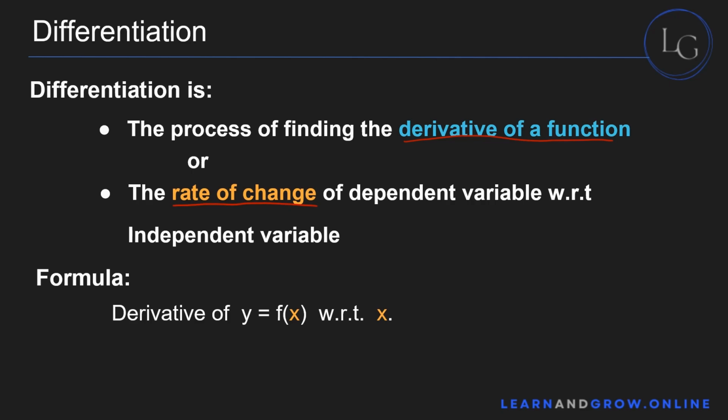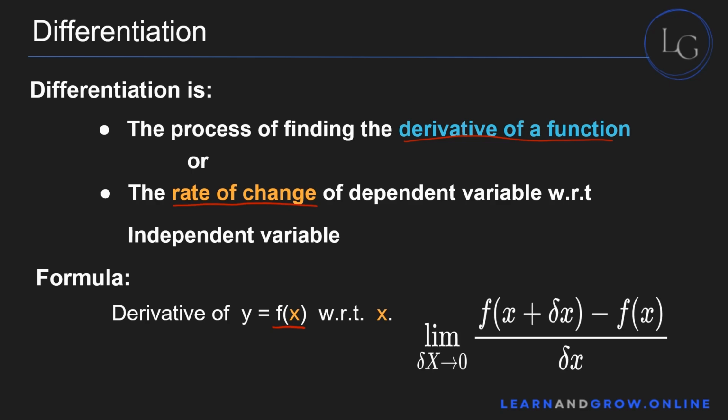So the formula to find the derivative of y, which is also equal to f of x, so basically a function of x, with regards to x, is this. What this basically means is the numerator over here is equal to dy, which is basically the change in x, the increment, and basically the increment of y over the increment of x.